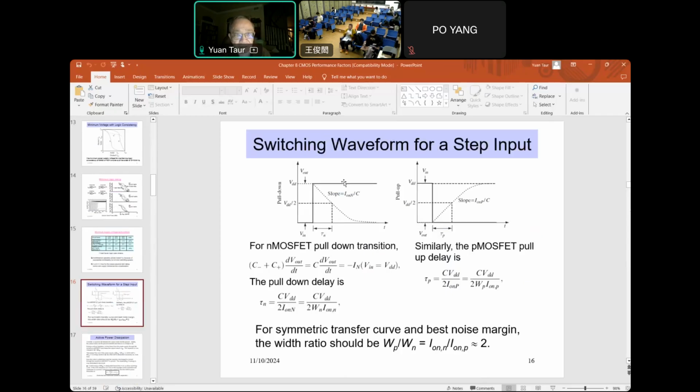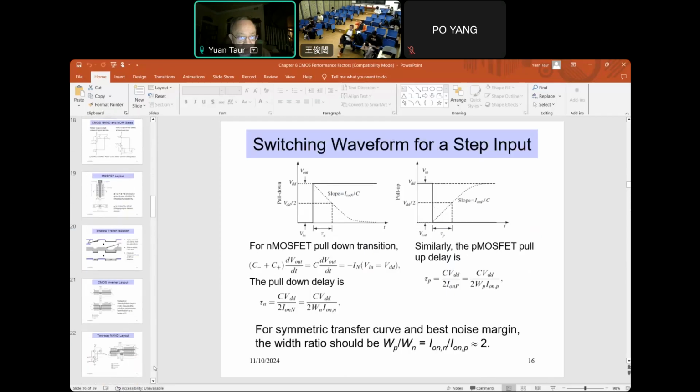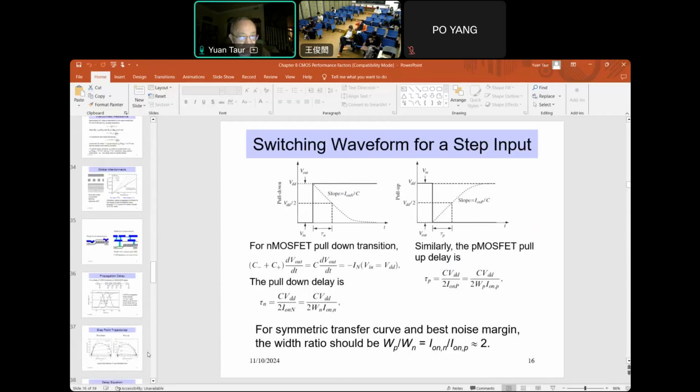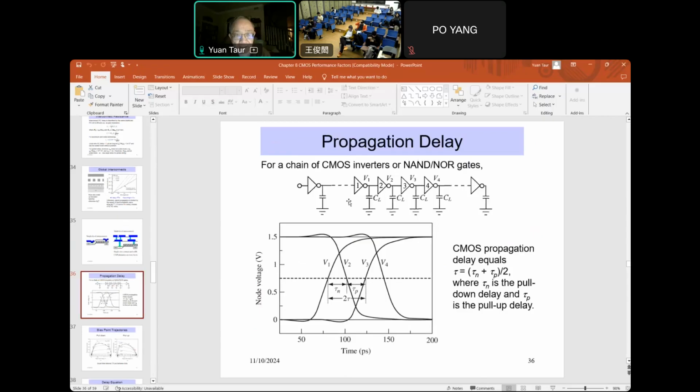So when we say the switching for the step input, in other words, when NMOS turns on, the input goes from 0 to VDD in a step, instead of having a rise time, and same thing for the PMOS. But now we consider that the propagation delay has a finite rise time and fall time.